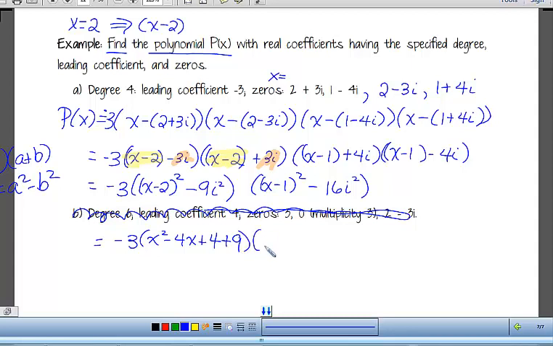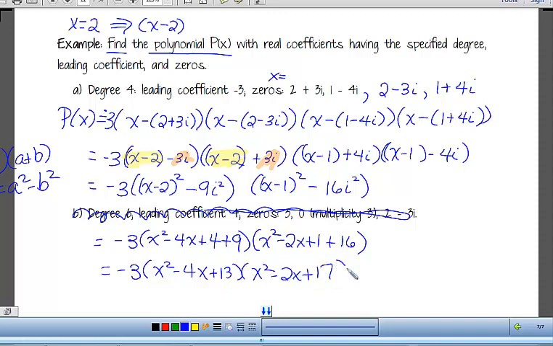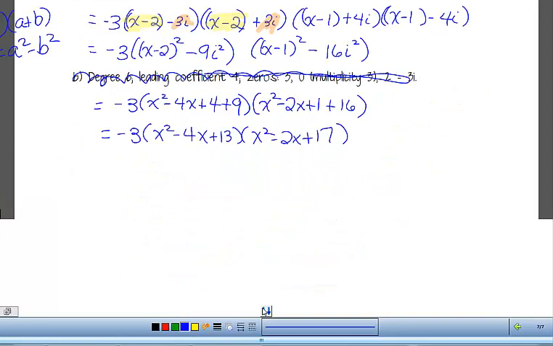Then we get x squared minus 2x plus 1 plus 16. We're getting really close now. 9 and 4 is plus 13, and x squared minus 2x plus 17. We're trying to get a single polynomial. So the last thing we have to do is actually multiply those together. Well, three together: 1, 2, 3. And then we have our polynomial.